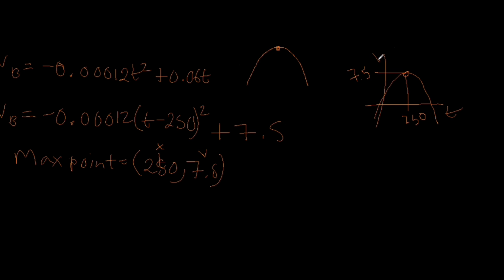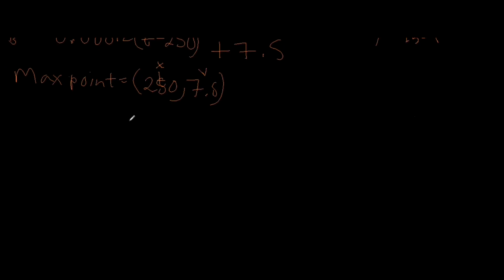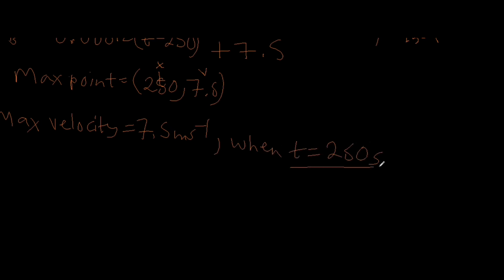So if I plot a graph of v against t, I get a parabola, and the maximum point is going to be (250, 7.5), where this 7.5 is the velocity, and this 250 is the time. So what does that tell me? It tells me that my maximum velocity is going to be 7.5 meters per second, and that happens when t is equal to 250 seconds.